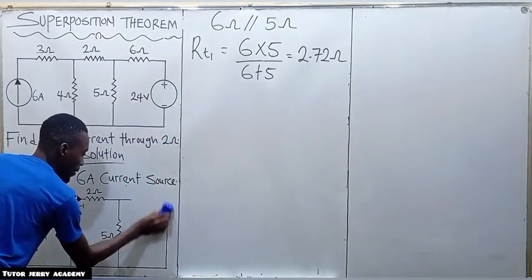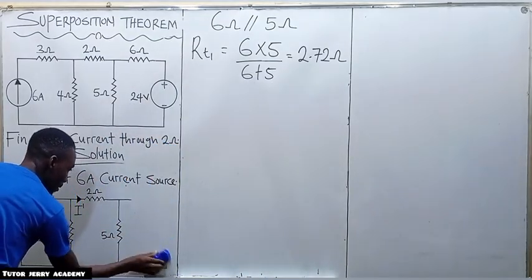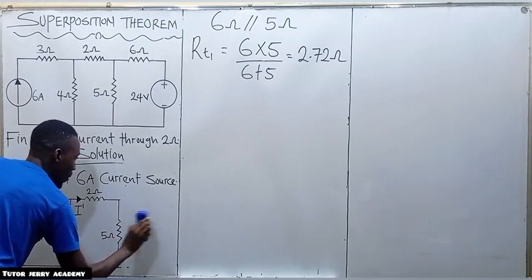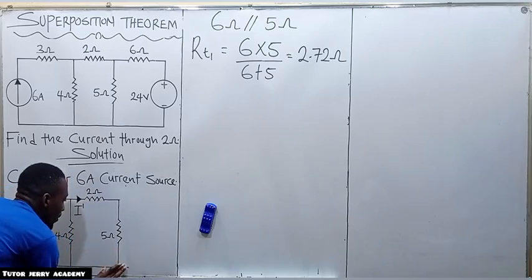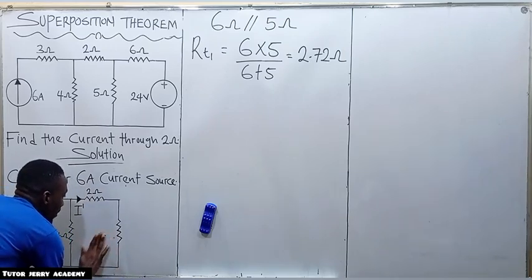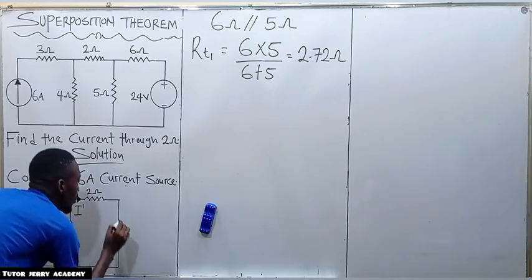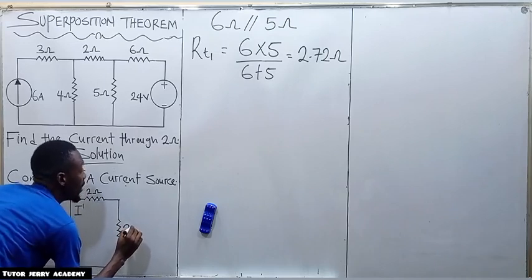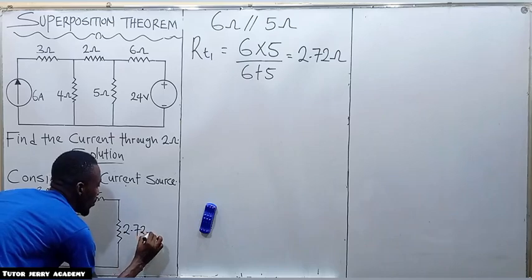So I've reduced the circuit. We can replace this with 2.72 ohms.